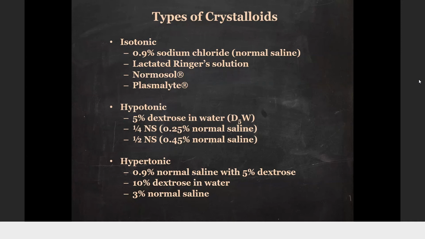Also quarter normal saline and half normal saline are considered hypotonic crystalloids. For hypertonic crystalloid, we have 0.9% normal saline together with 5% dextrose, and also 10% dextrose in water and 3% normal saline.